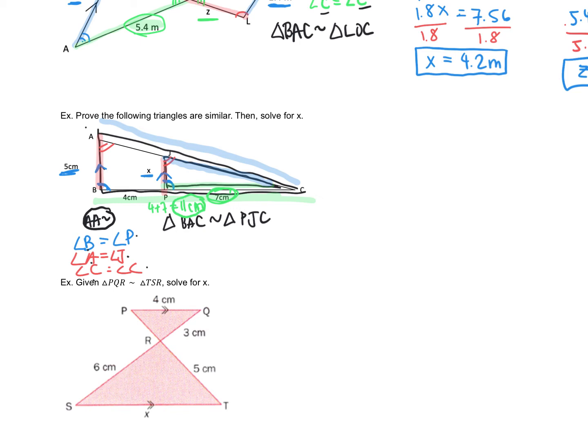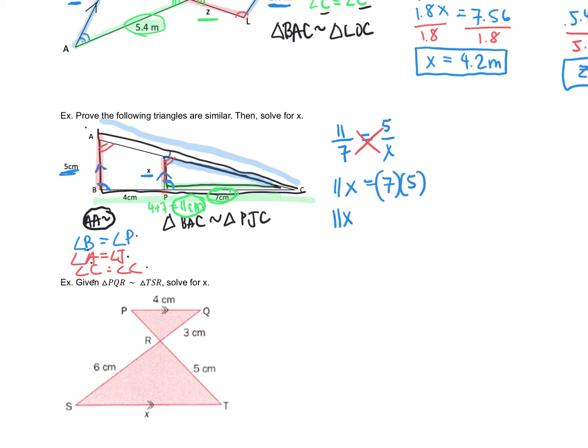Now we have a full pair. And you can choose. I'm going to go the big outside triangle over the little triangle. So I'm going to write 11 over 7 for the first proportion equals 5 over X. So I paired up my corresponding sides, and then I wrote out two fractions for each. And now it's the repetitive part. We crisscross. So the 11 is crossed with the X, and the 7 is crossed with the 5.